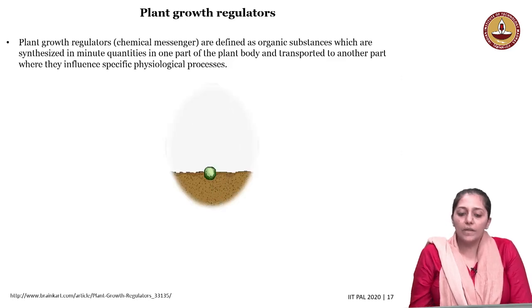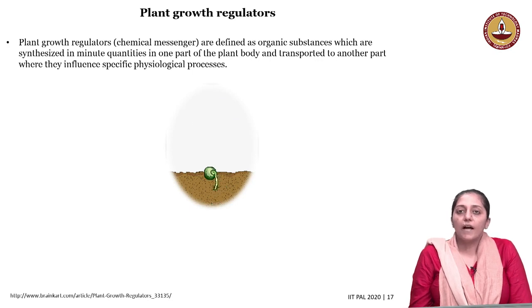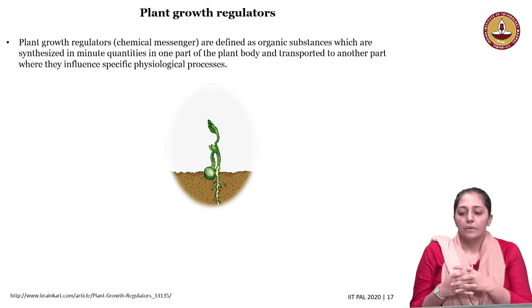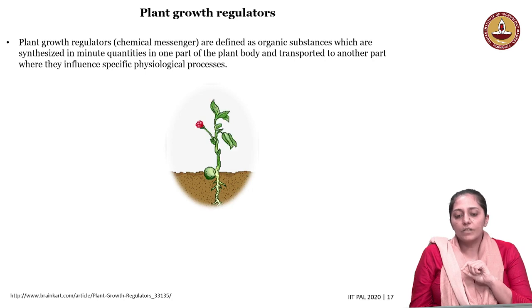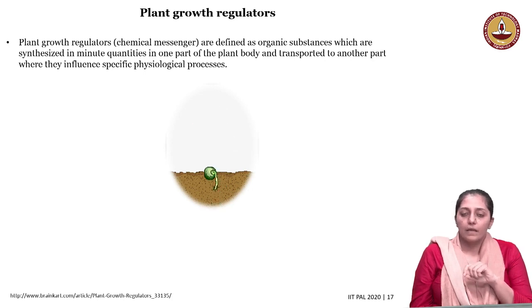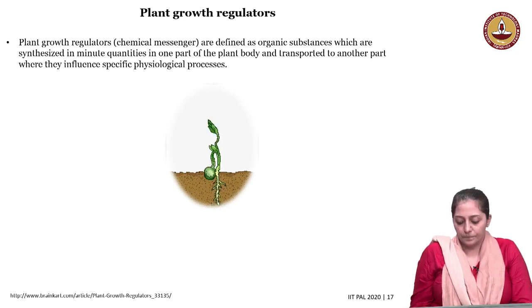Now plant growth regulators are chemical messengers which are defined as organic substances synthesized in very small quantities in a part of the body, and they can be transported to another part of the body as per the requirement, where they influence a specific physiological process.